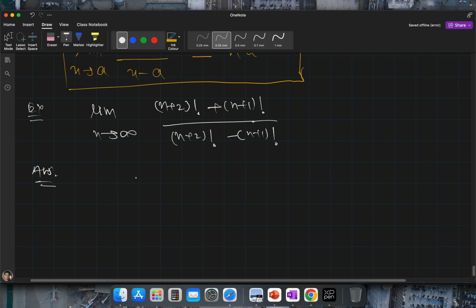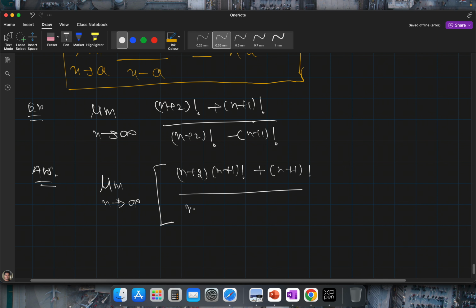Okay, so let's start from the very fundamentals. What I will do is try to cancel out terms. You can see that this term can also be written as n plus 2 times n plus 1 factorial, and this one can be written as it is.